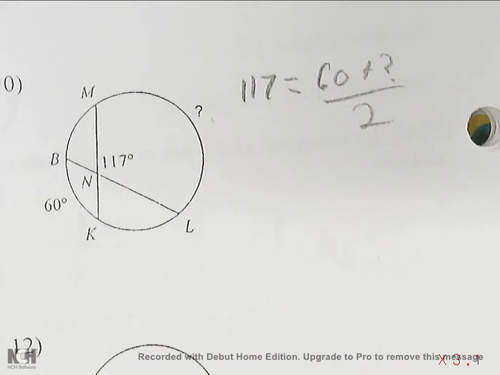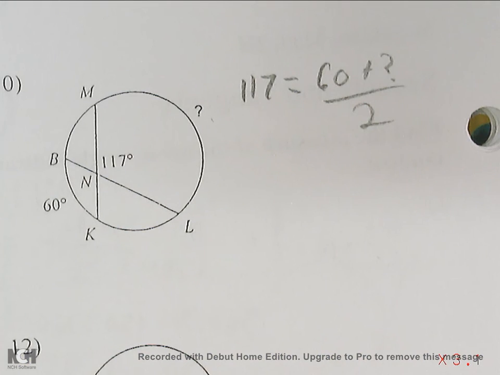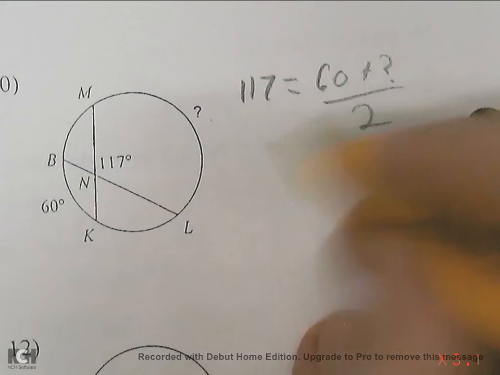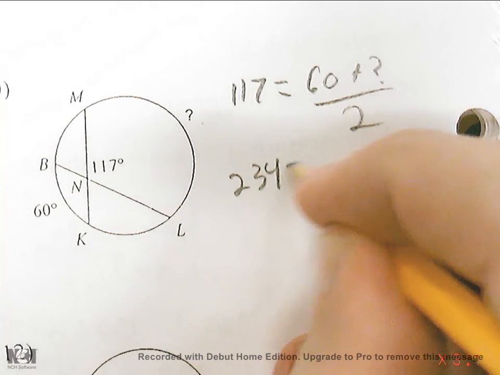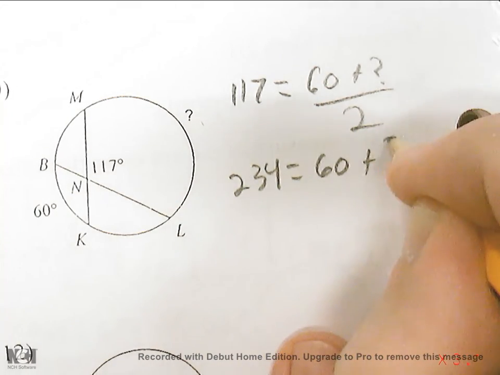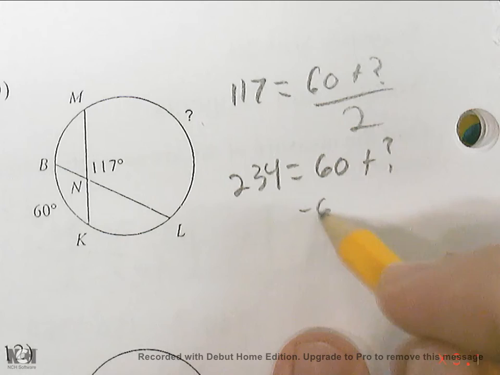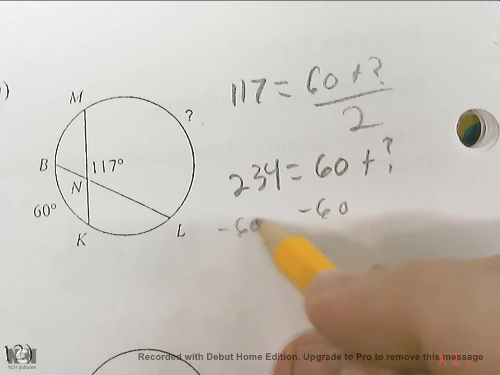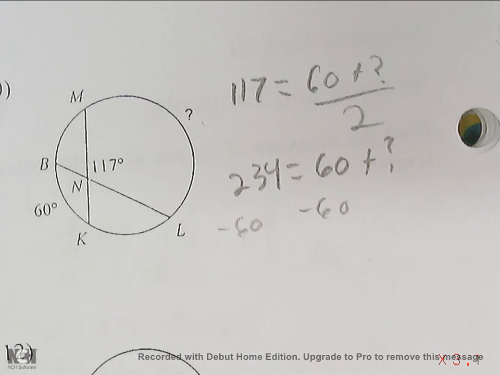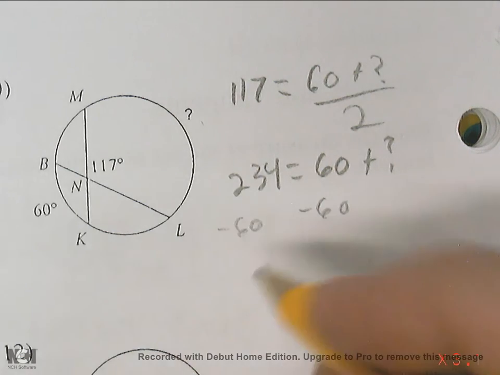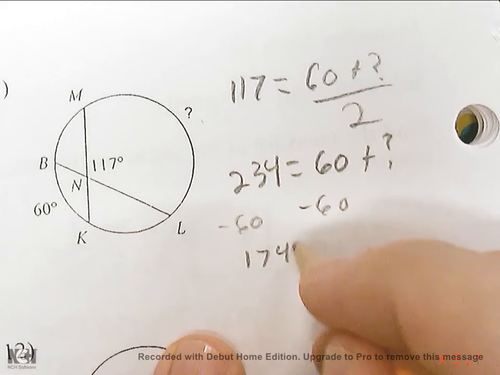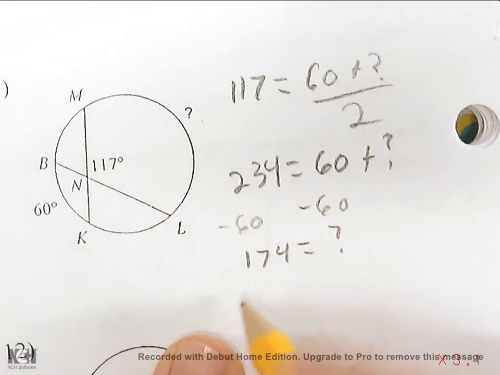First thing I'm going to do is times everything by 2, which would give me 234 is equal to 60 plus the question mark. Then I would subtract the 60. Okay, so 234 minus 60, and I'm going to get 174 is what the question mark is equal to.